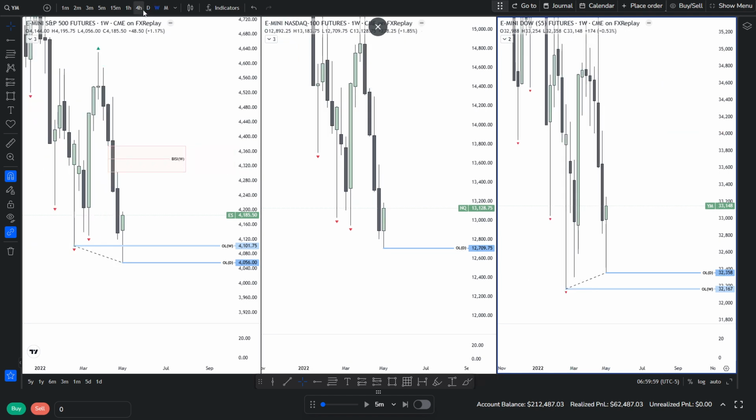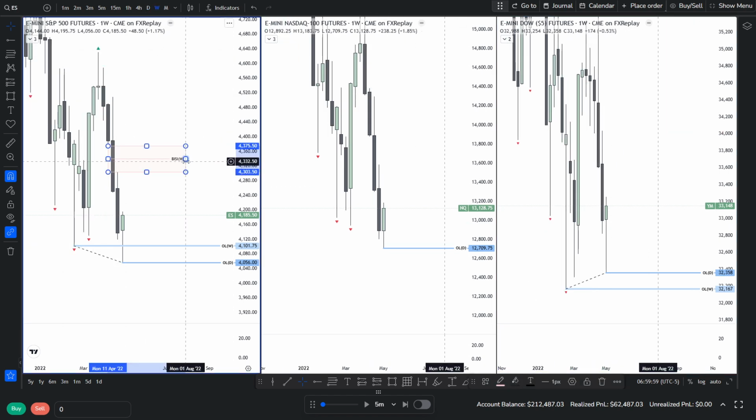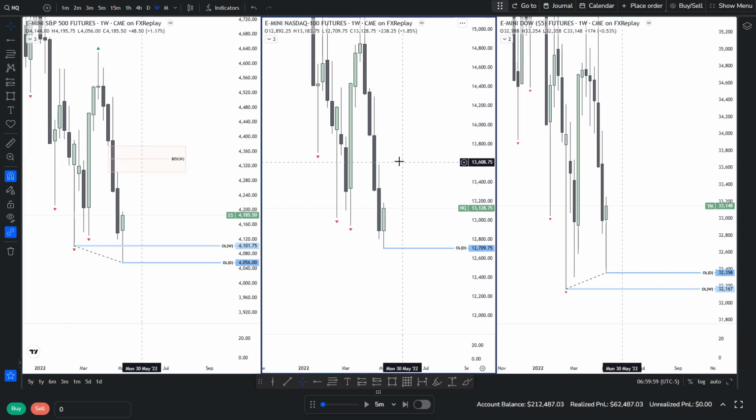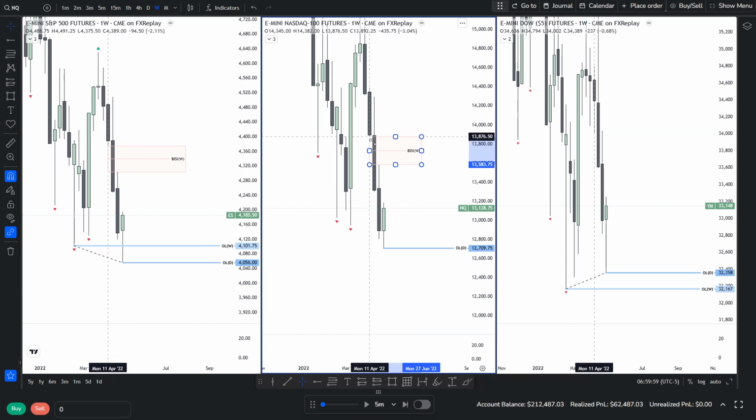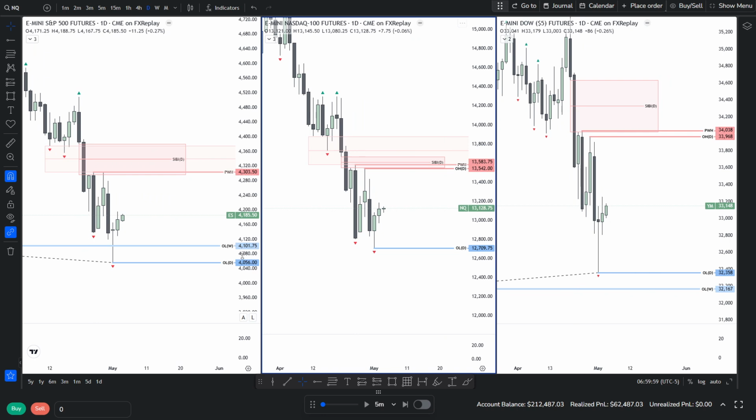So if you go out to here, then we can just copy that across, and we can make reference to that right here. Okay. All right. So that's the breakaway gap, which is overlapping with the SIBI, interestingly. So that's an interesting confluence.